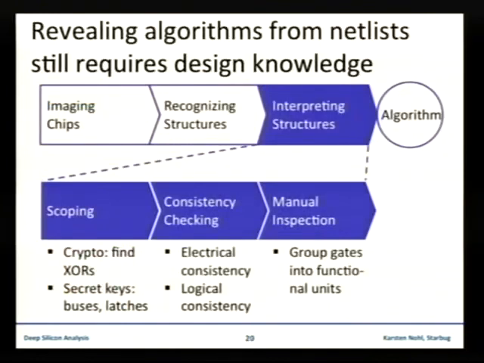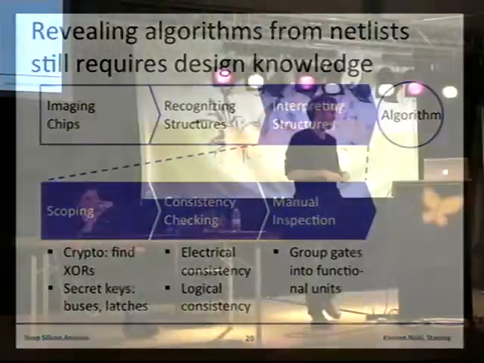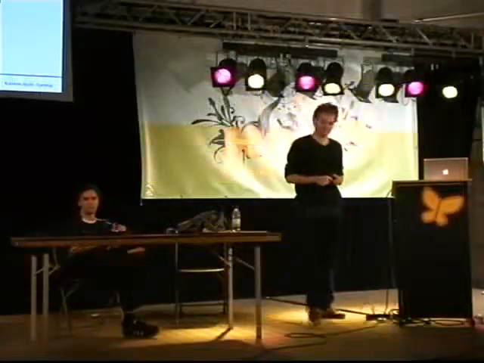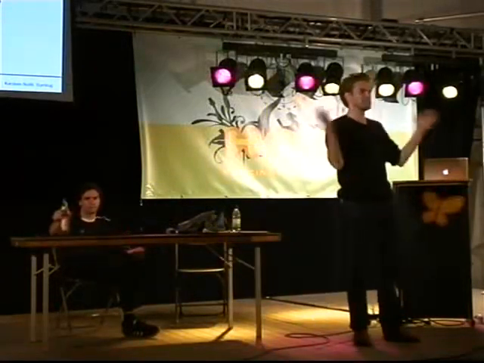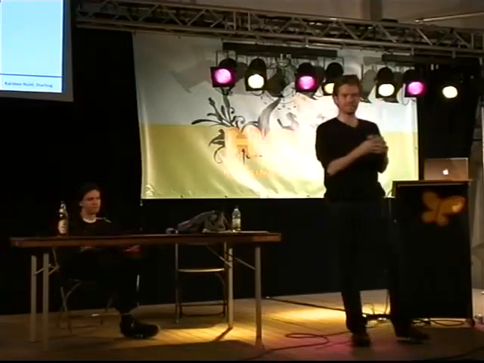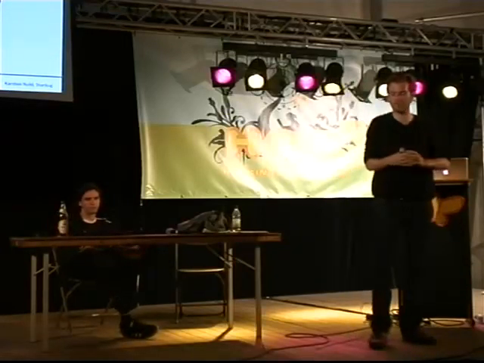Let's now quickly cover the last step of the reverse engineering process, interpreting those connections and gates and all that the DGate tool gave you. Since we don't want to do more work than absolutely necessary, we first want to limit down our scope to exactly those functions we want to reverse engineer.